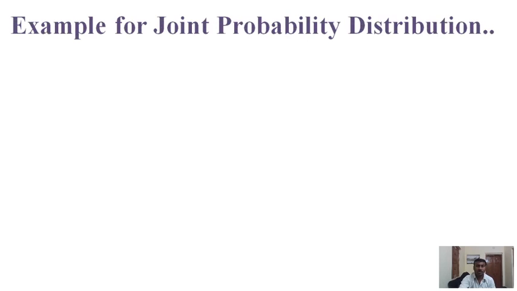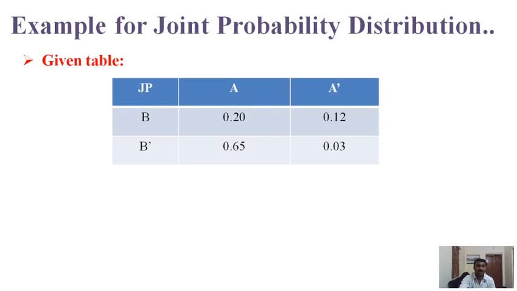So here is an example of a joint probability distribution. Given a table, the joint probabilities of A, B, A dash and B dash are these values.